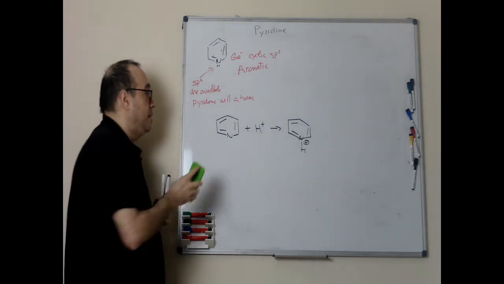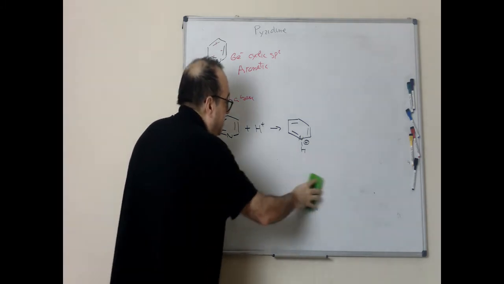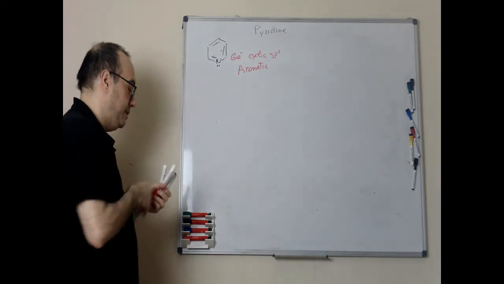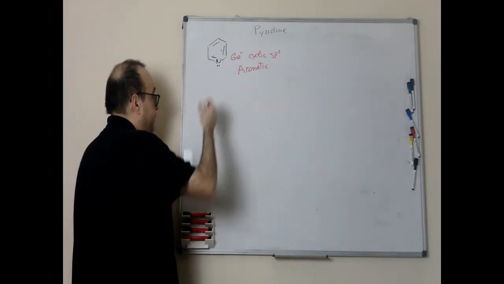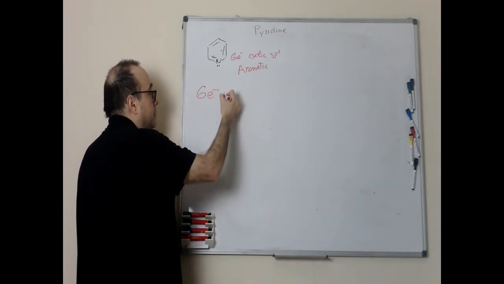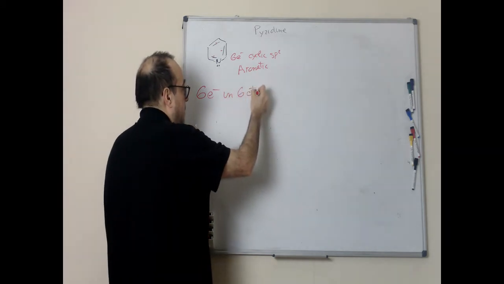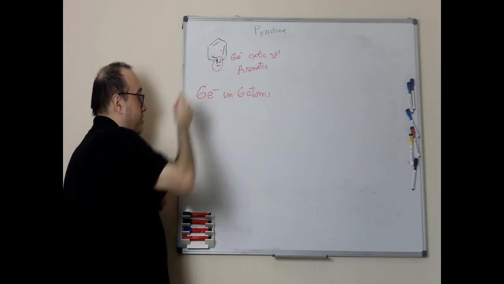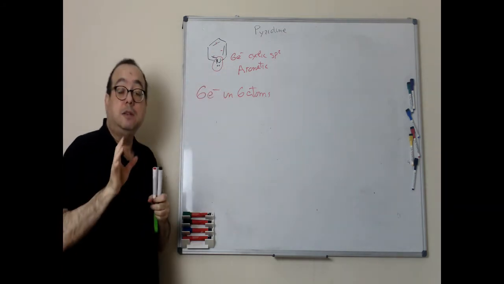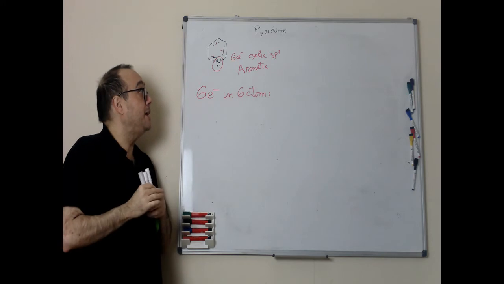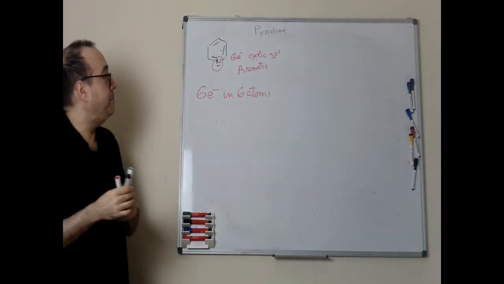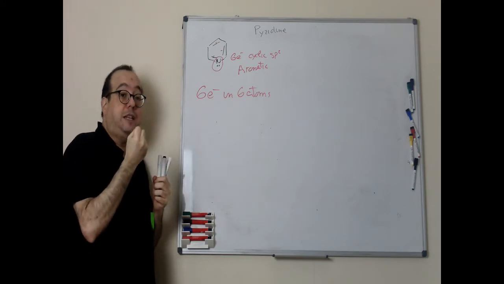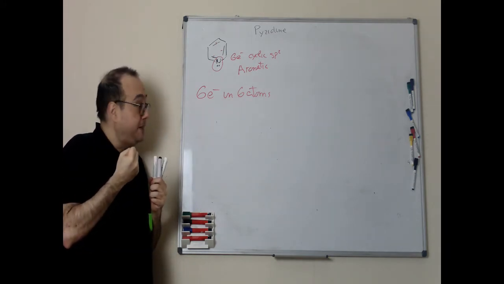Okay. Another important thing about the pyridine is that, as I told you, we have 6 electrons in 6 atoms. But one of the atoms is a nitrogen that, as you well know, is by far more electronegative than carbon. That means this nitrogen will attract more of the electron density to itself.